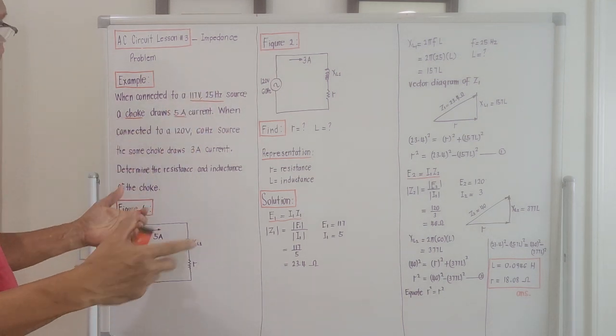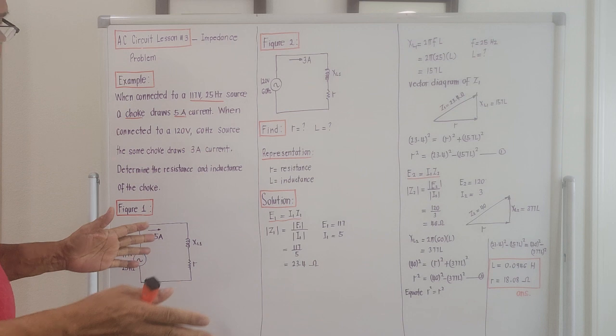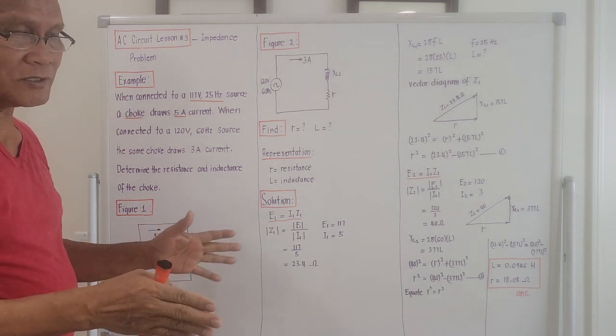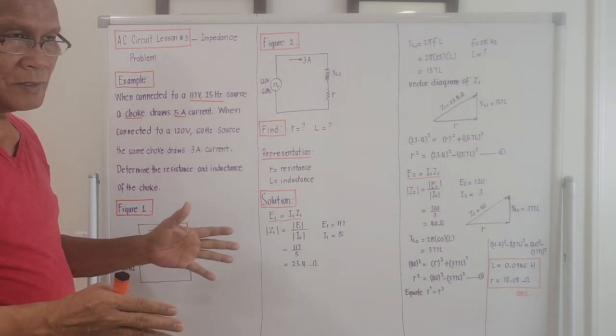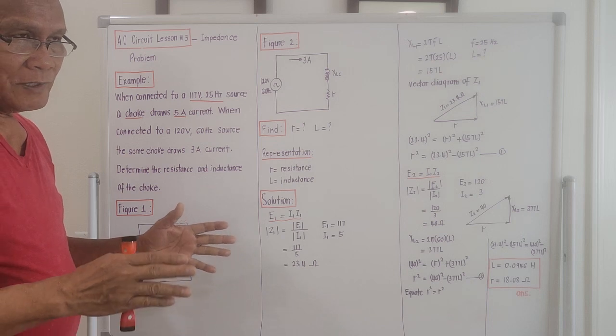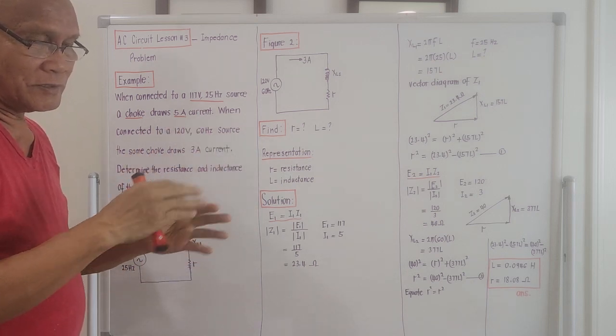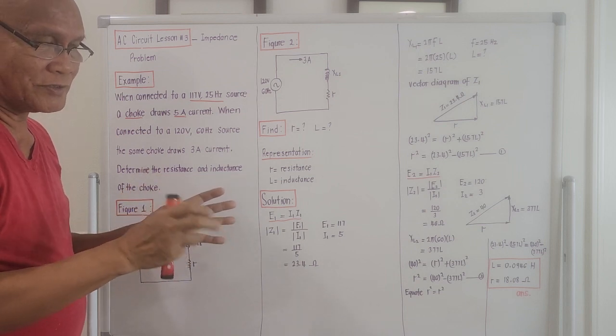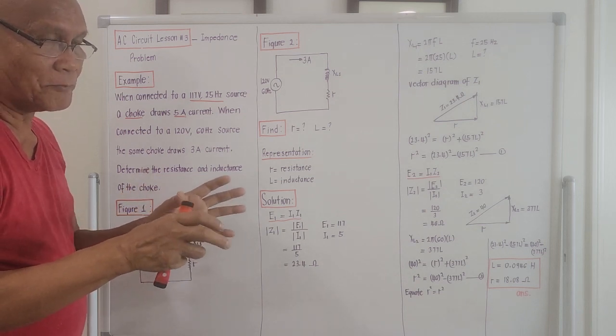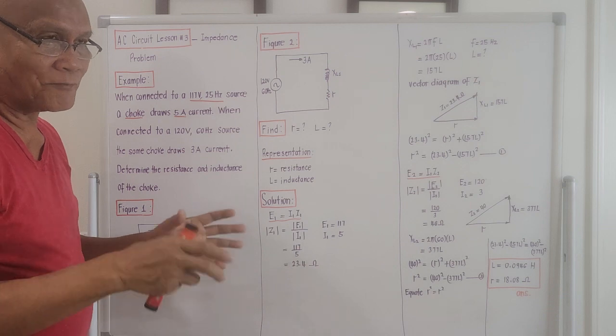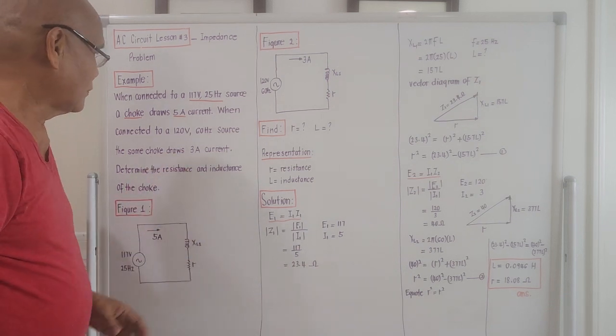A choke means it's a coil. An example of a choke is a ballast for a fluorescent lamp.